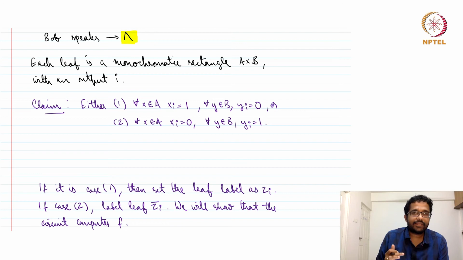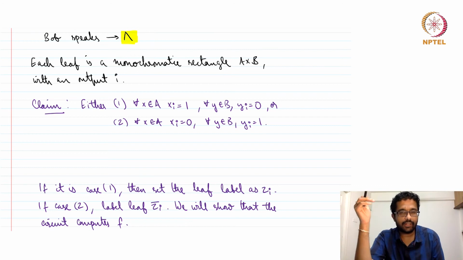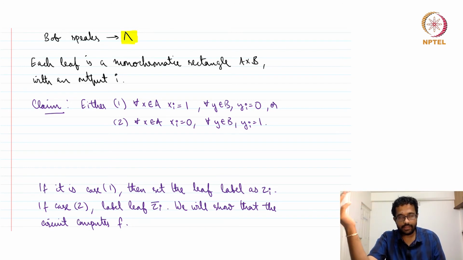Now all that remains is what we do at the bottom. All the intermediate nodes are taken care of, but the leaf nodes, what do they correspond to? In the protocol, it is some output i of the relation.